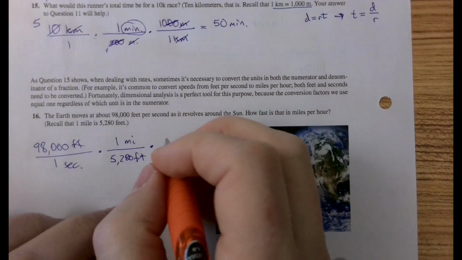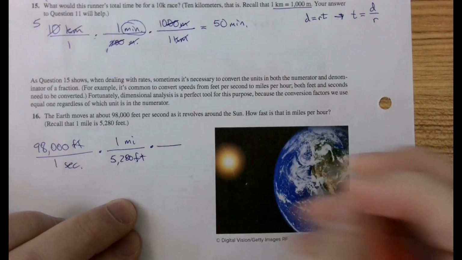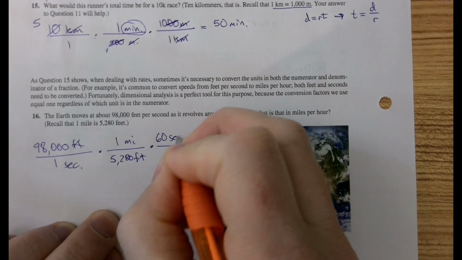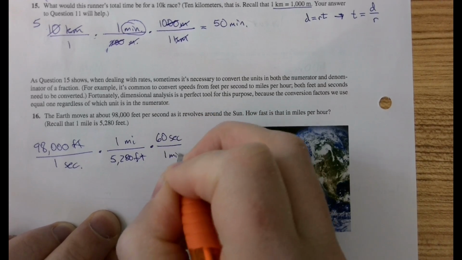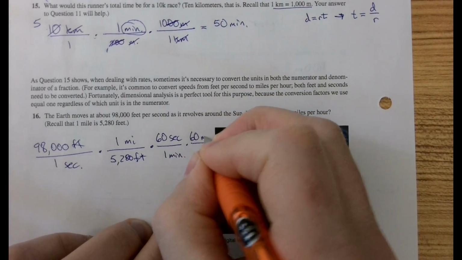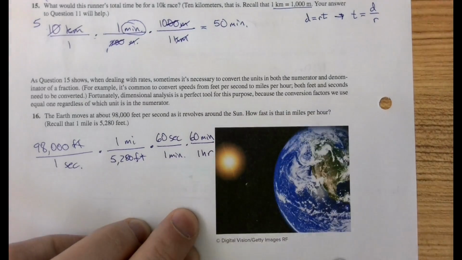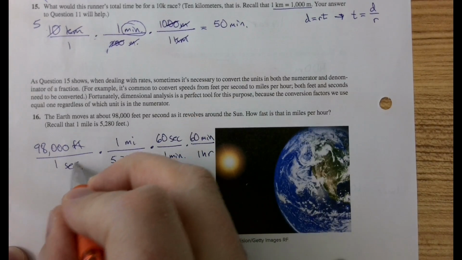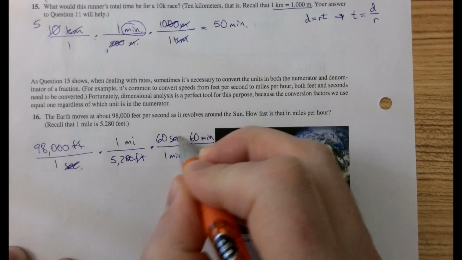Well, maybe it would be easier to use two conversion factors. I know that there are 60 seconds in 1 minute. And then I also know that there are 60 minutes in 1 hour. Now let's confirm that I've actually set this up correctly. So these seconds here are going to cancel with the seconds over here.